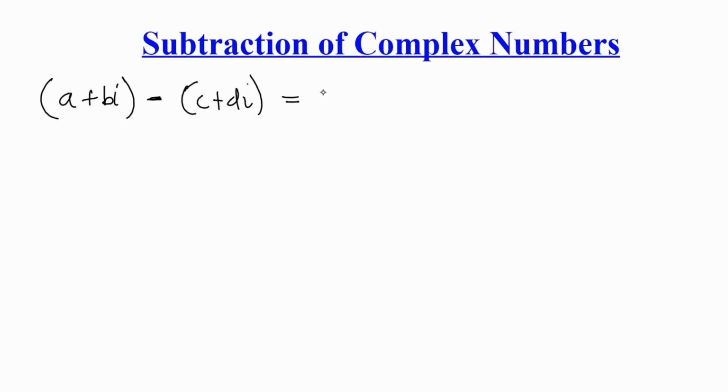So we maintain the first one, a plus bi, and then we expand the next one, that is minus c minus di. Here we have to group like terms, as we did by grouping the real parts and then the imaginary parts. For the real parts, we have a minus c, and for the imaginary parts, we have plus bi minus di.